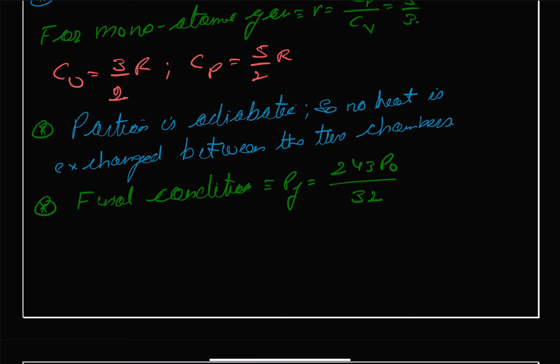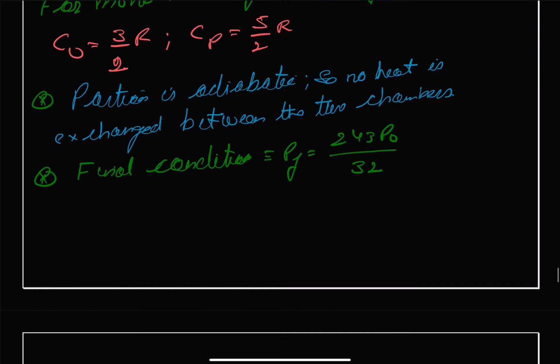And okay, so it is basically an adiabatic process, therefore we can say that the entire process is adiabatic, so Q will be equal to 0. Okay, no heat exchange. Okay, let me write it in another way. Here the left chamber will be non-adiabatic, the right chamber will be adiabatic because the left chamber is heated.